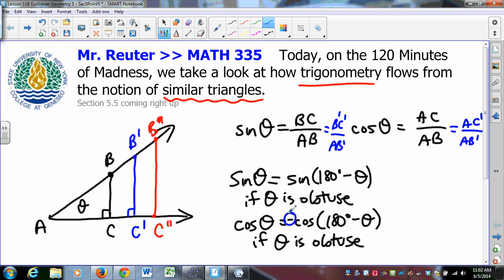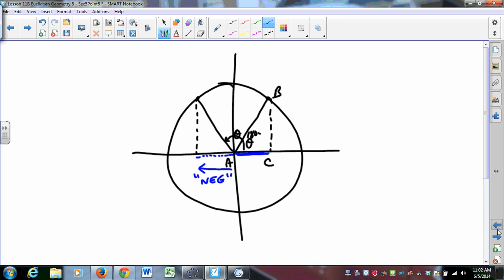Well, what happens if theta is 0 degrees? Well, if theta is 0 degrees, then it's really hard to draw a right triangle, isn't it? Because you've got ray AB equal to ray AC, so there isn't much of an opposite side to work with, and so we define sine of 0 to be 0.